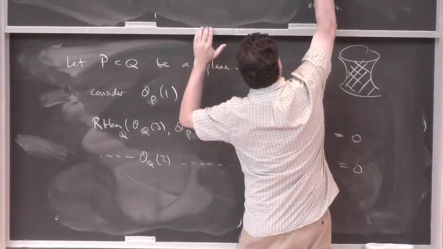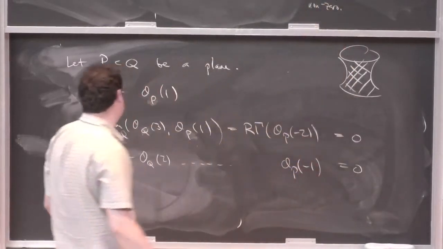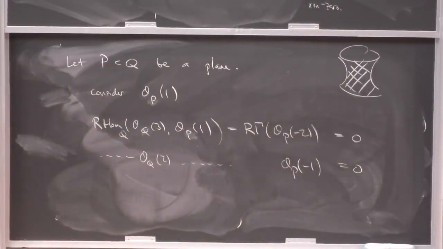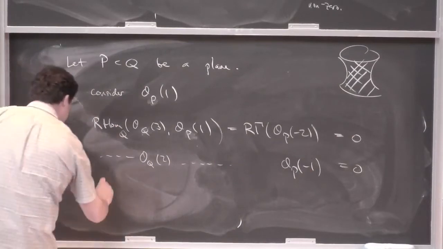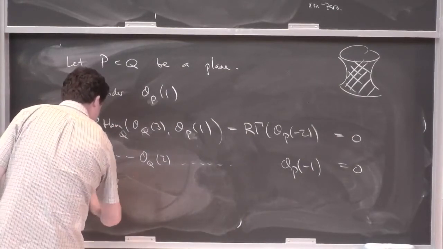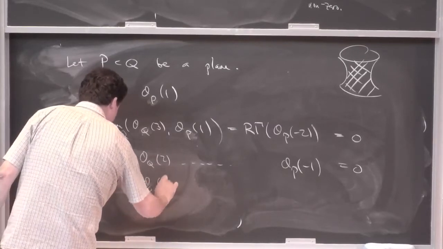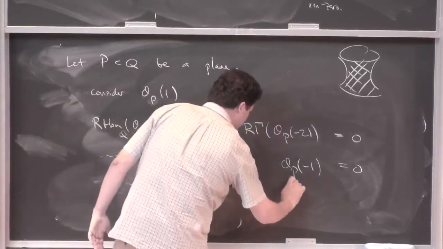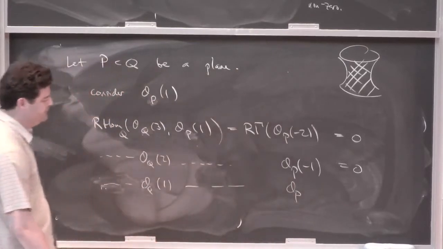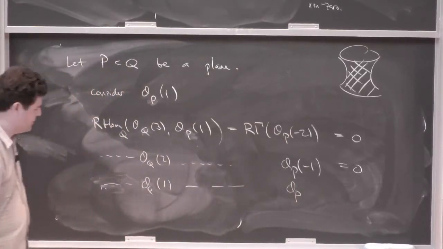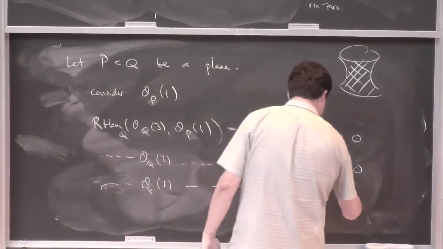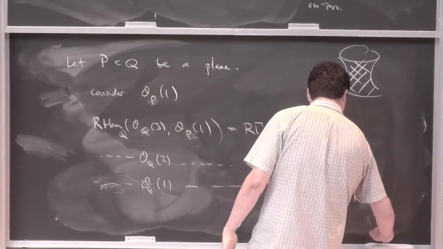We have no Homs from this or from that. But of course, R Hom of OQ of 1 is R gamma of OP. And the cohomology of OP is, okay.